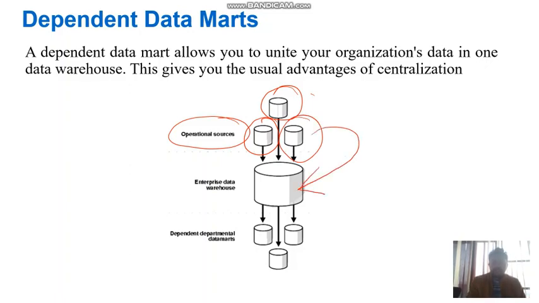Later on, the dependent departmental data marts fetch the data from the central data warehouse. So a dependent data mart allows you to unite your organization's data into one warehouse, and after that you can fetch the data according to your need.